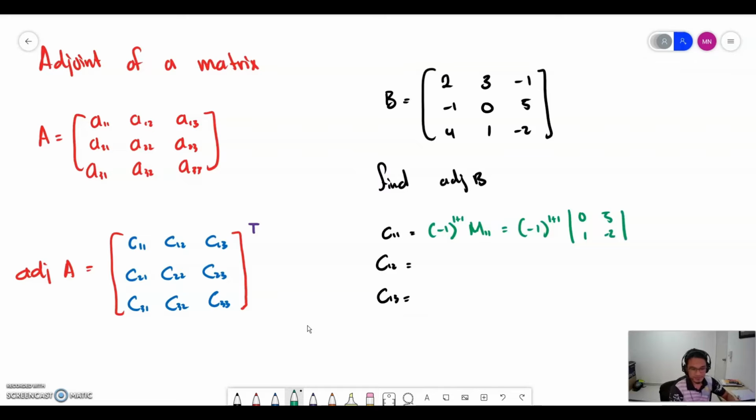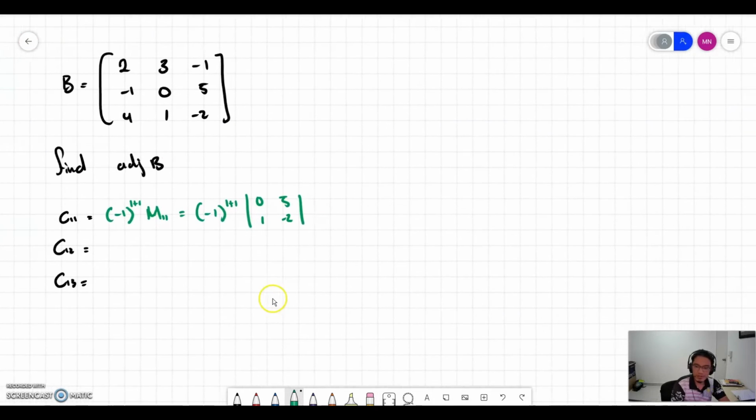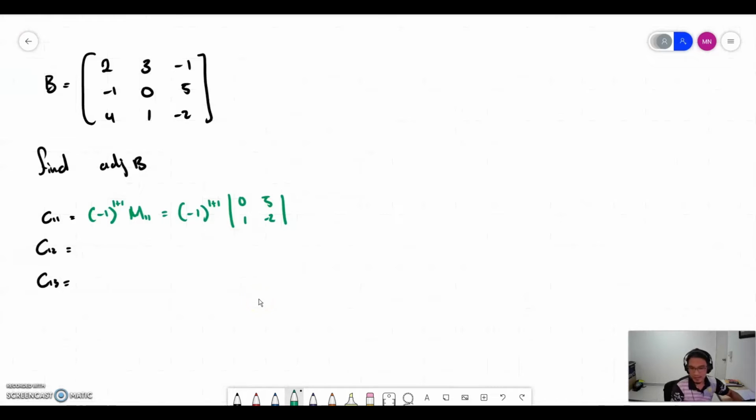That is the formula to find the cofactor at position 1, 1. So we have -1 to the power of 2, and 0 multiplied by -2, minus 1 multiplied by 5. So our cofactor C11 is negative 5. That is what you need to do for the rest of the cofactors.